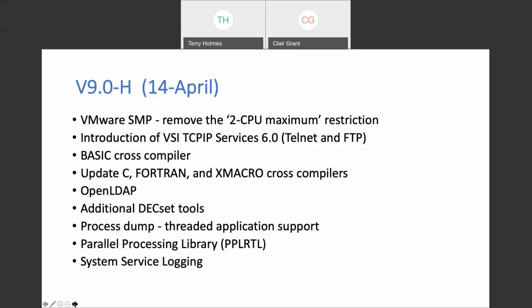I think MMS is next on the list. And process dumps currently in G do not support threaded applications, and that is planned for H. Addition of the parallel processing library, system service logging, and I'm sure this list will grow, but those are things that are in the pipeline right now and look pretty good for mid-April.